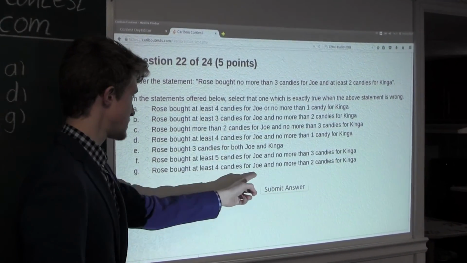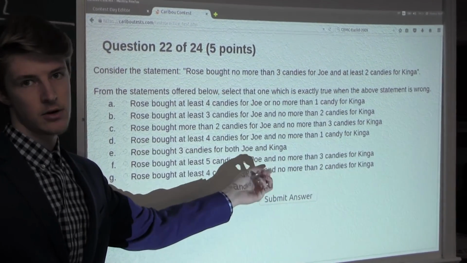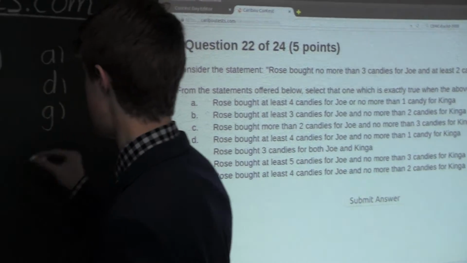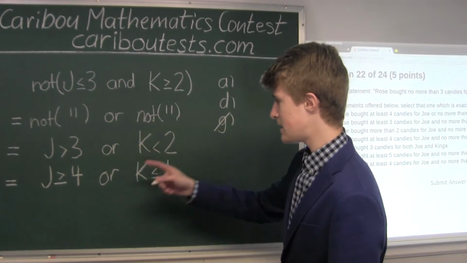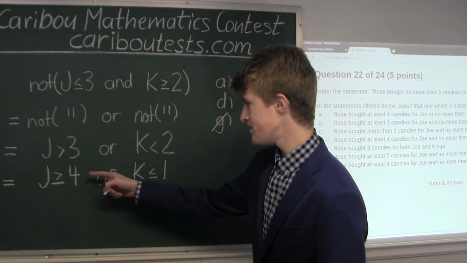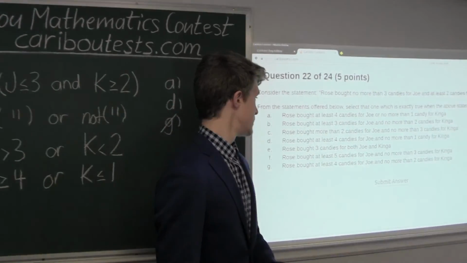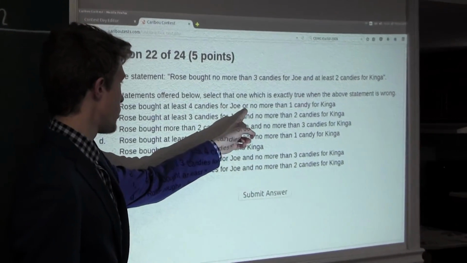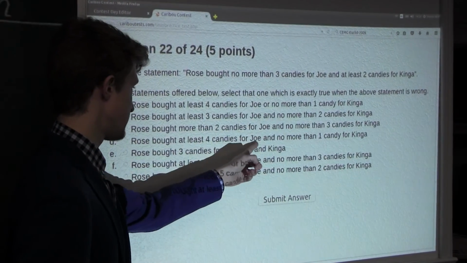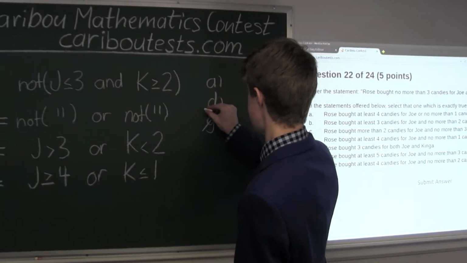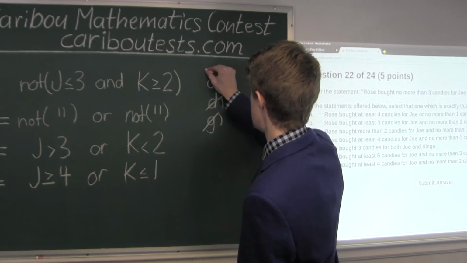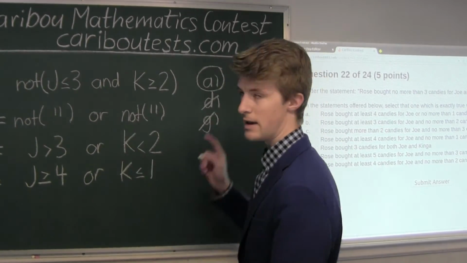But G says no more than 2, so it can't be option G. So it's either option A or D. But here we have the word "or" in between. For A, we have "or", but for D, we have the word "and". So therefore, it cannot be option D, and the correct option is option A.